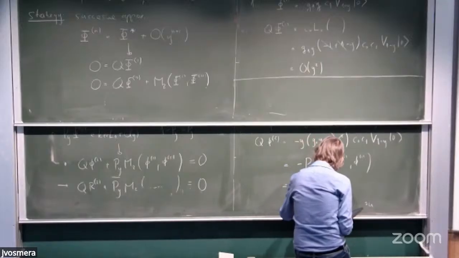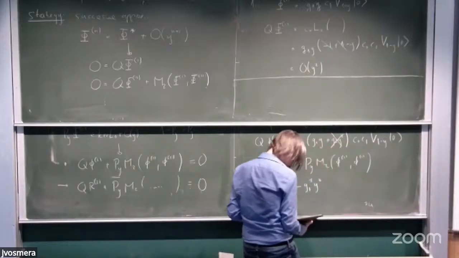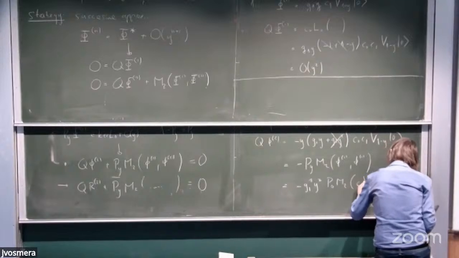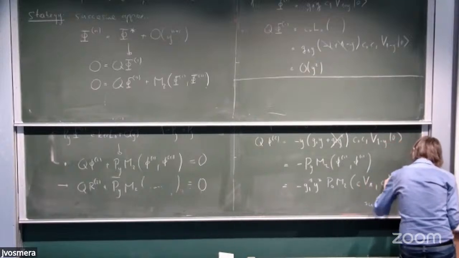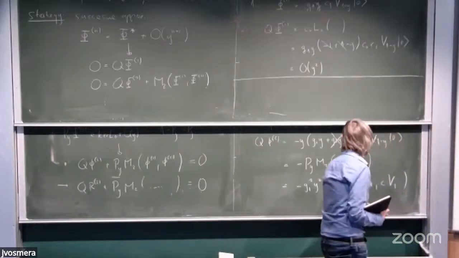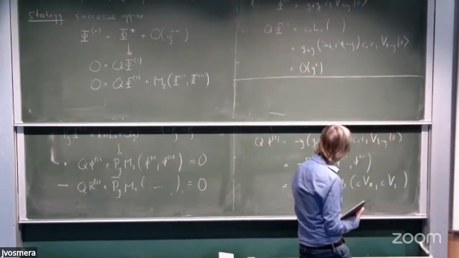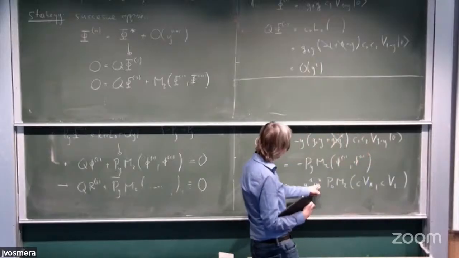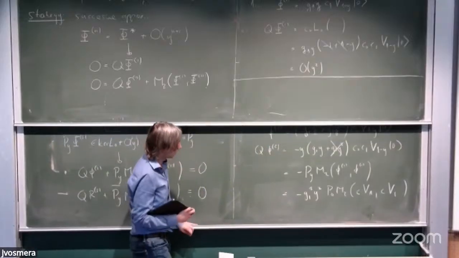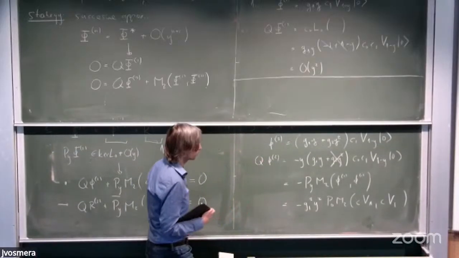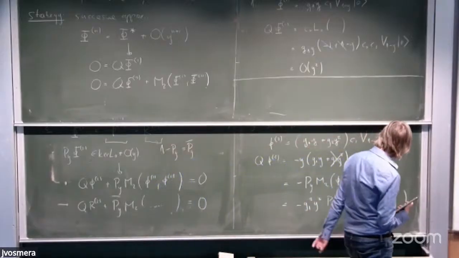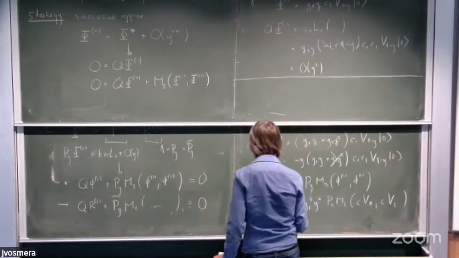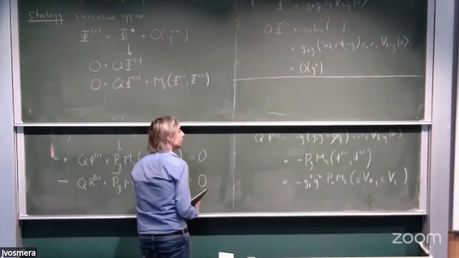So here I get minus G1 squared Y squared P0 M2 CV1 CV1, where, in principle, I should have written 1 minus Y, 1 minus Y, but since I have order Y squared in front, and I'm solving this equation just with the accuracy of Y squared, I can just replace this state with its analog at a dimension which is exactly equal to 1.